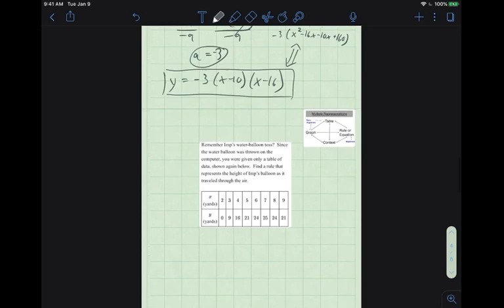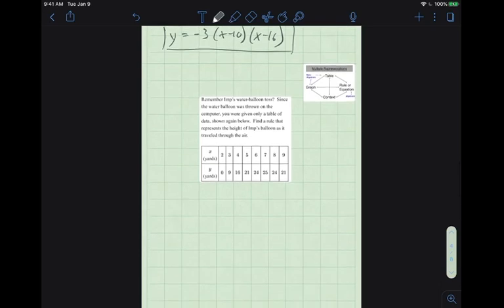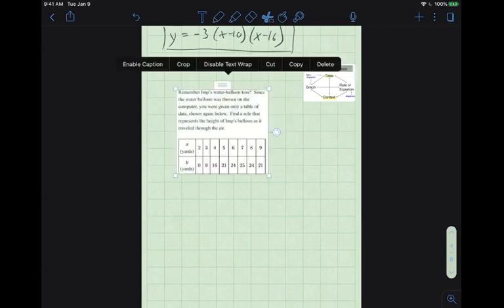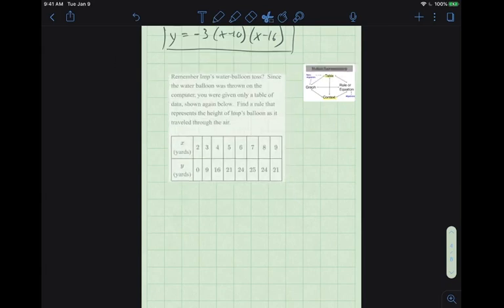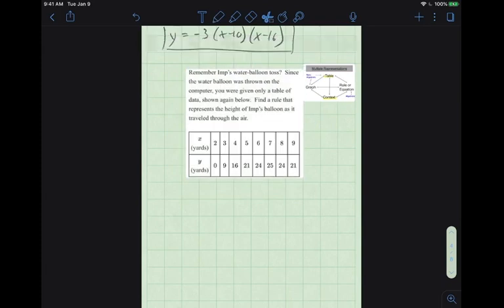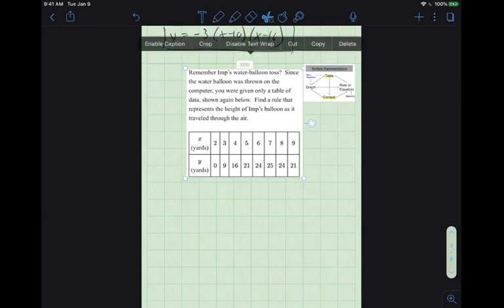And down here, we go over a similar guy, context and a table now. Imp was another player in our game. I should make this bigger. Okay, he tossed a water balloon. Looks like this. Let me duplicate.